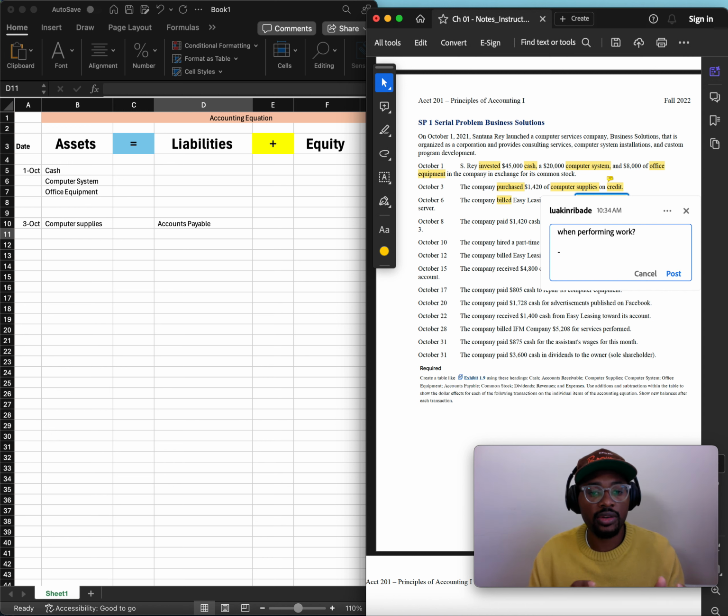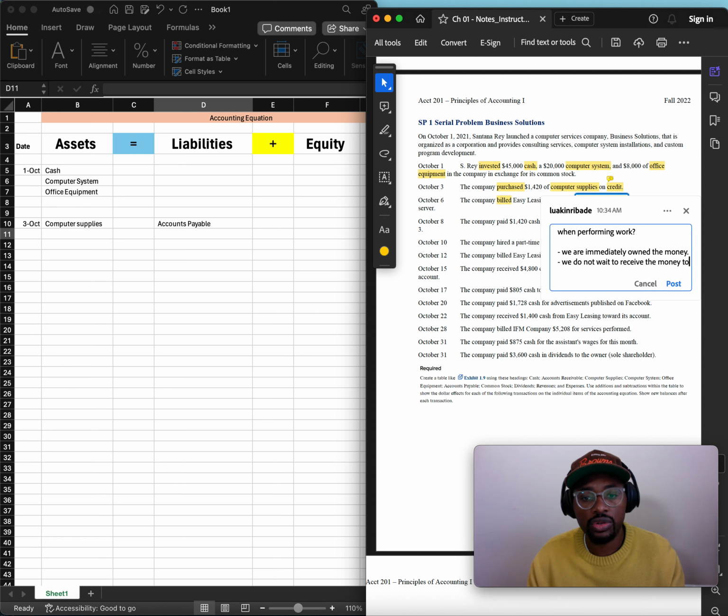Remember, I said I'm going to be taking notes, but then also trying to teach and also trying to do a how to. So when we're performing work, we are immediately owed the money. Okay. So in accounting, that's very important. So we do not wait to receive the money to say that we are owed the money. That's very important.